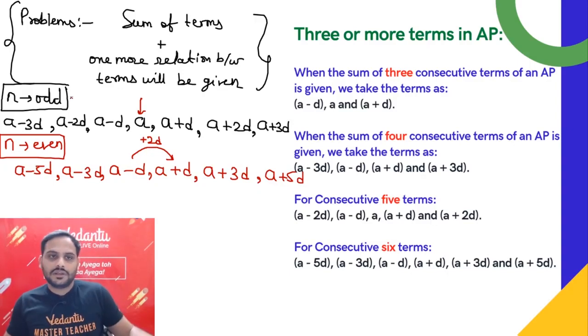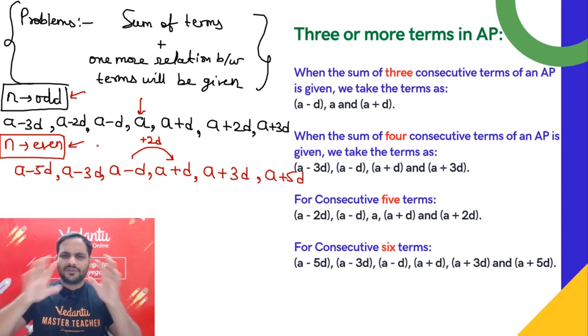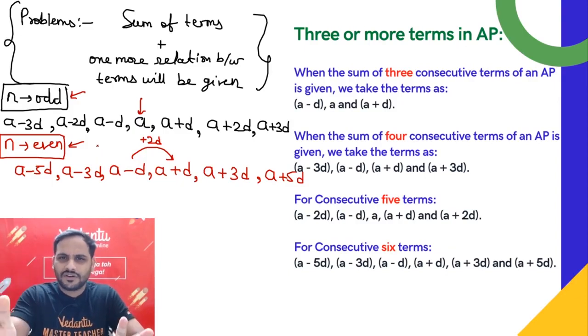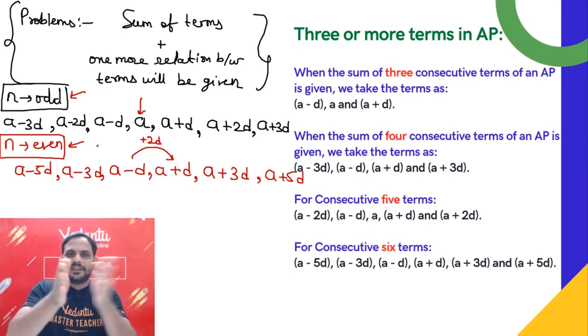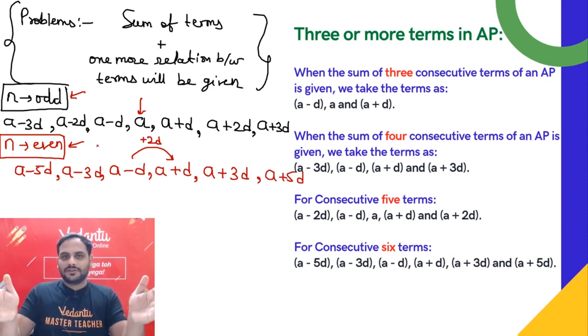It depends upon whether the number of terms is odd or even. Don't be like, sir, I'm not able to understand. Just take a screenshot right now and go through the pattern. It's just a simple pattern. For odd: a in the middle, a minus d, a plus d, a minus 2d, a plus 2d, a plus 3d, a minus 3d, and so on.